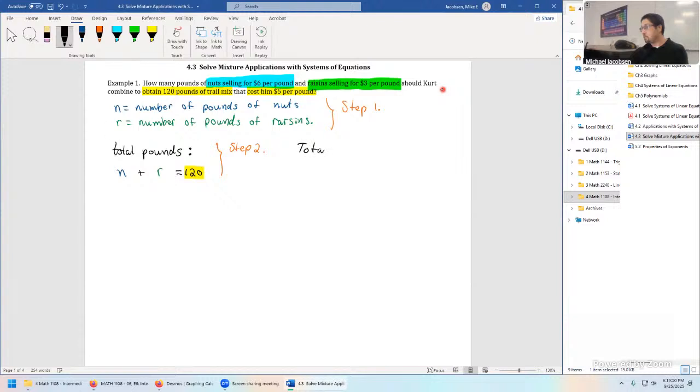Total cost is going to involve this information, $5 per pound. And let me put in the unit on that one, LBS for pounds. But he's also going to multiply by 120 pounds.